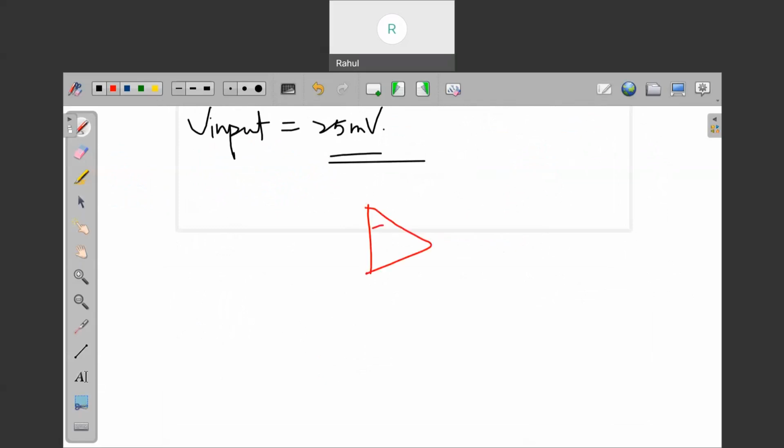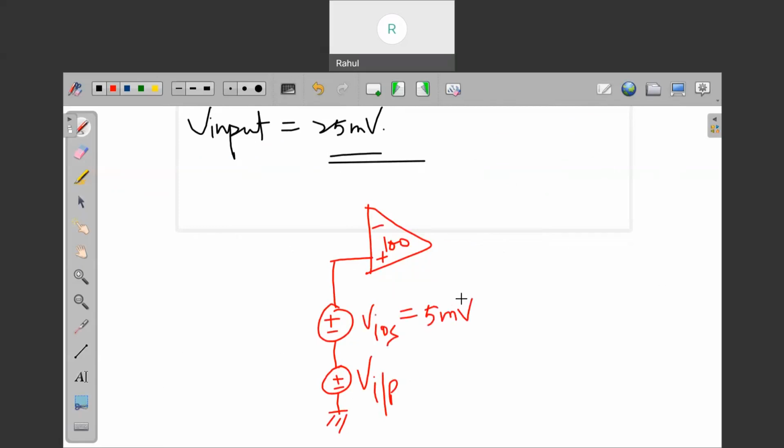This is the op-amp with open loop gain 100, and V input, and VIOS, that is input offset voltage, is given as 5 millivolt, right?